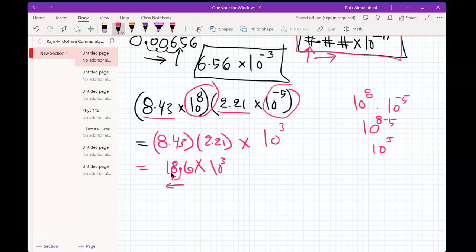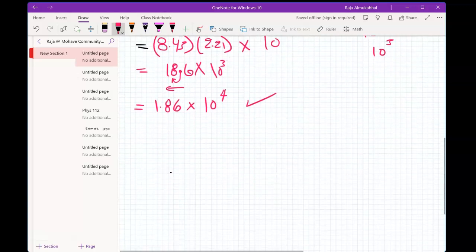That makes it positive, so that will be 1.86 times 10 to the 4. Because I moved it one step, you just add it to the number here, and it becomes a 4. That's how we calculate that. Okay? All right. One more example.